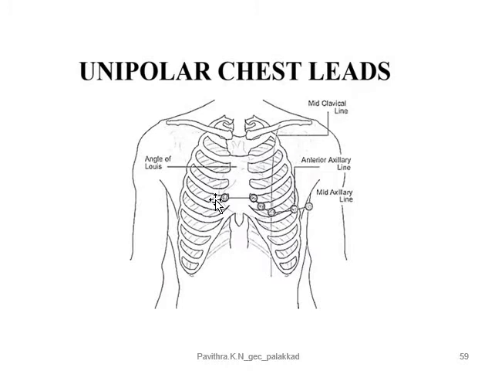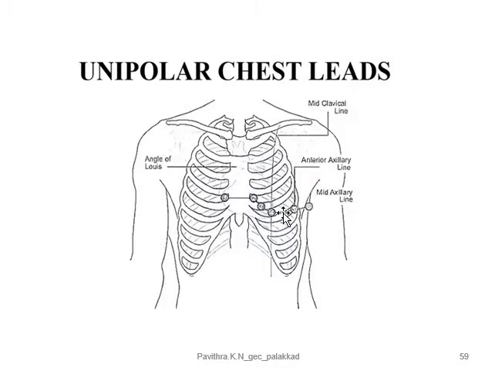And second one, V2. V2 is placed at the fourth intercostal space at the left sternal margin. And V3 is kept midway between V2 and V4. And V4, the fourth one, is kept at the fifth intercostal space at the mid clavicular line.